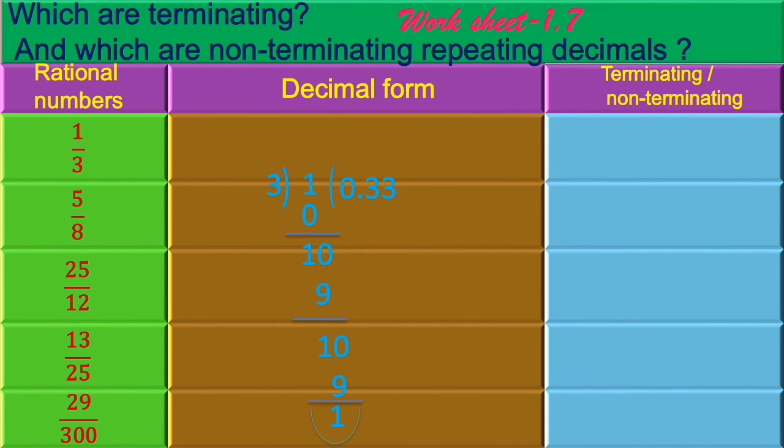So here the decimal digit 3 goes on forever, so it is a non-terminating repeating decimal. Now please make a note and do the remaining.